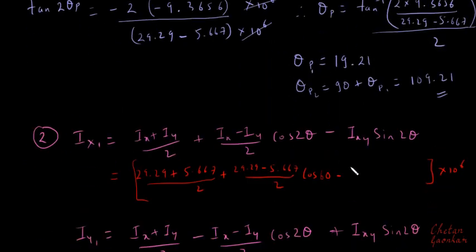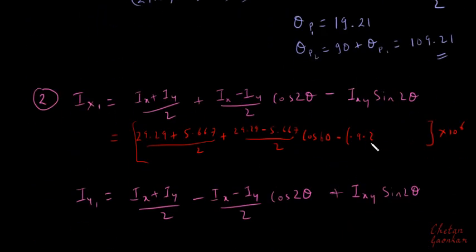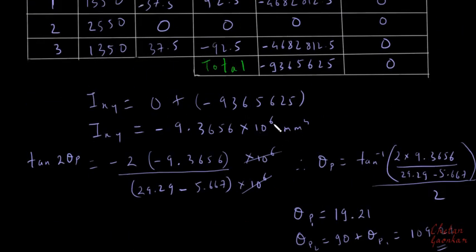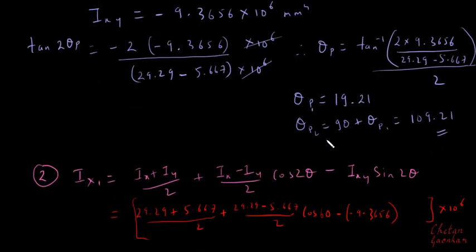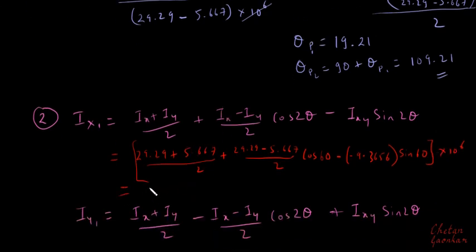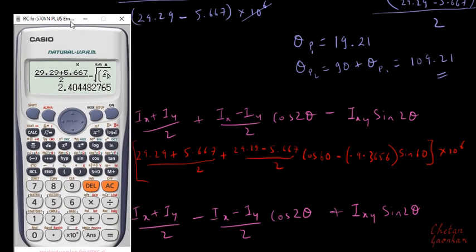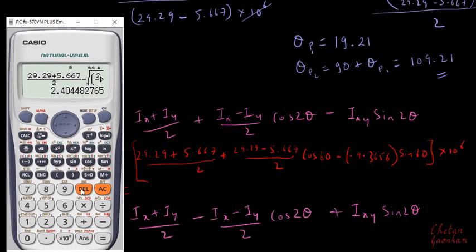So this is minus 9.3656 multiplied by sine 2 theta, with 10 to the power 6 already written outside, and this will be sine of 60. So let us put this in our calculator and see what we get for Ix1.